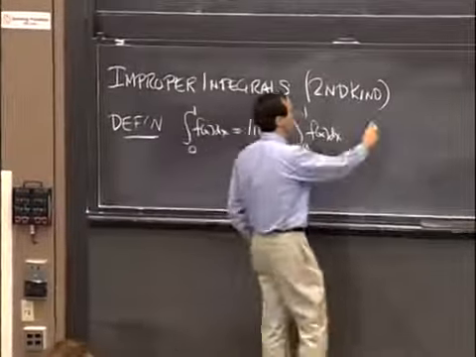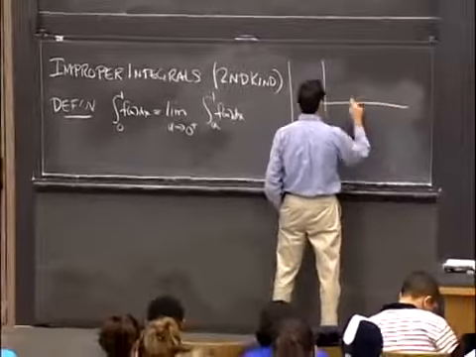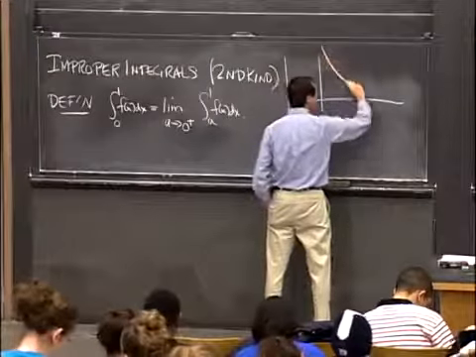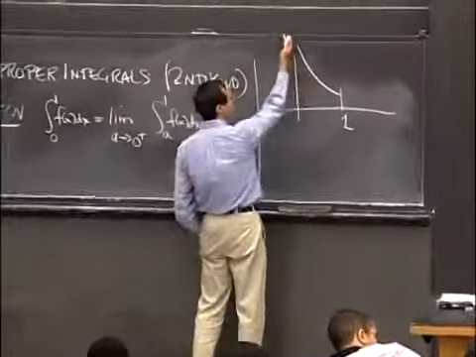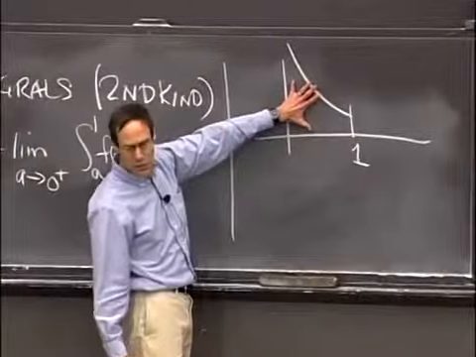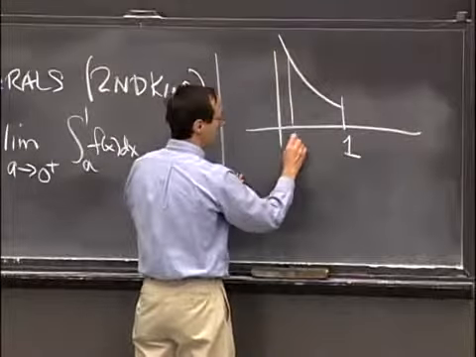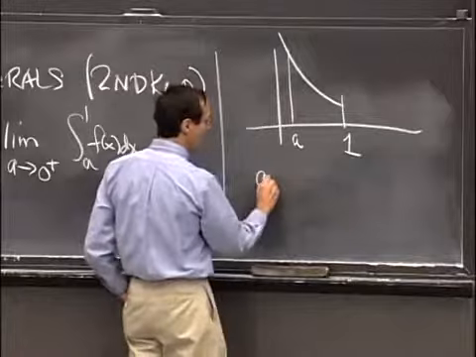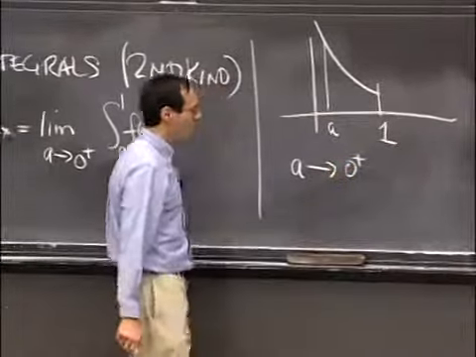And the idea here is the same one that we had at infinity. Let me draw a picture of it. Imagine a function which is coming down like this, and here's the point 1. And we don't know whether the area enclosed is going to be infinite or finite. And so we cut it off at some place a, and we let a go to 0 from above. So really it's 0 plus.